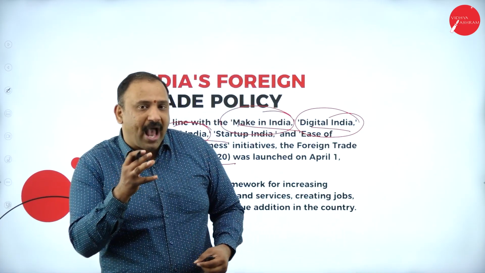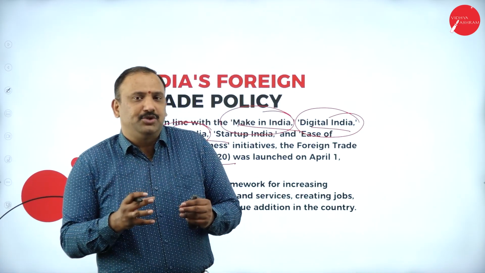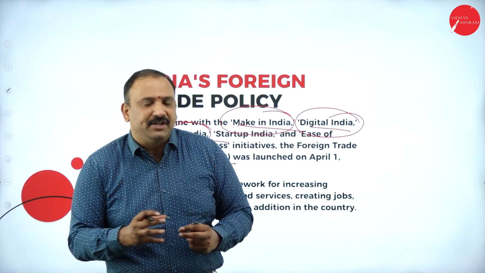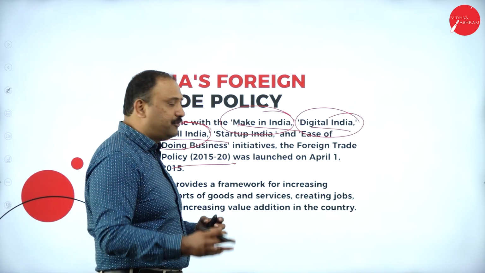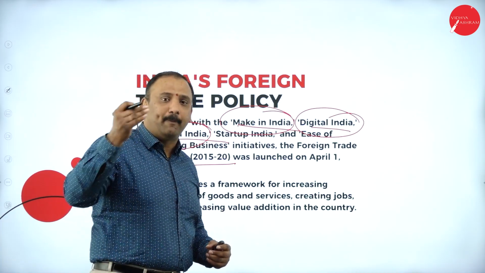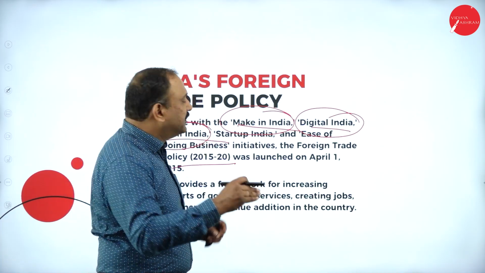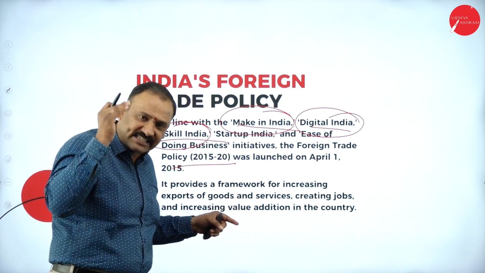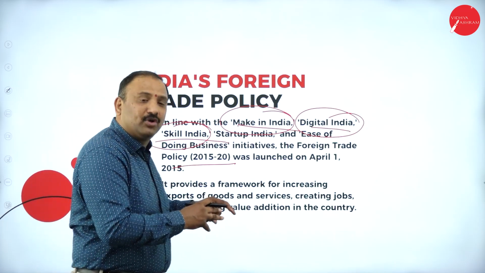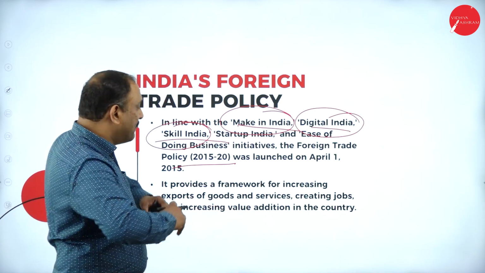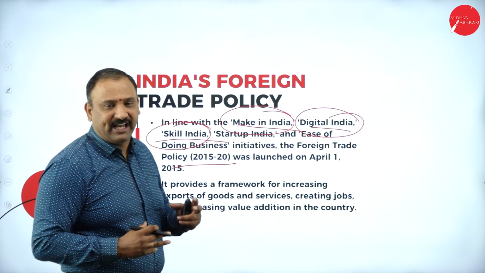So once you have opened up your doors, once you have reduced the norms and regulations, the restriction patterns altogether, every country would be interested to partner with India in terms of trade and business. And that's exactly what we did in terms of making India much more skilled altogether, much more available for the entire setup.